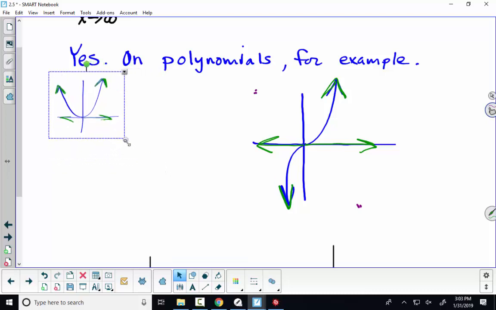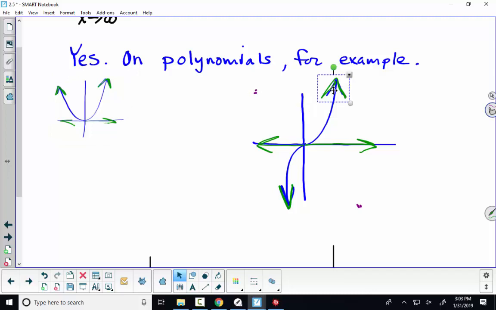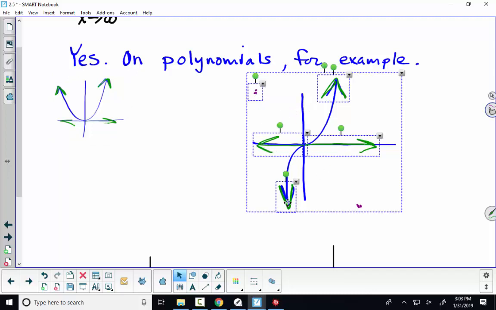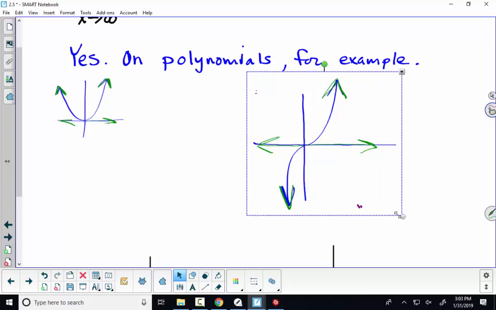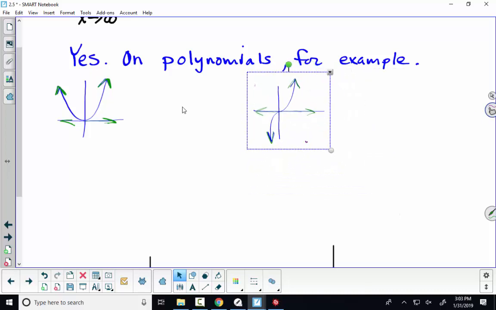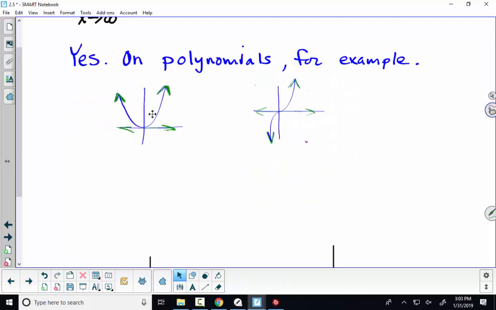Parent functions were with graphical transformations or function transformations. Well, isn't it dependent on whether or not your exponent is even or odd? Right. So it depends on whether the exponent, we'll make that a little more precise, but you're on the right track.